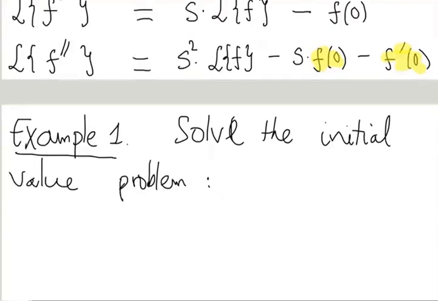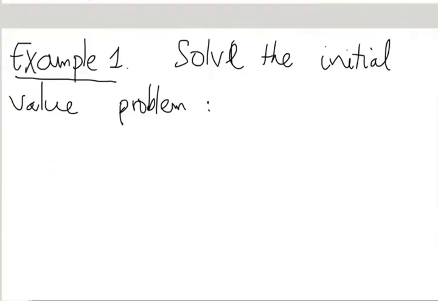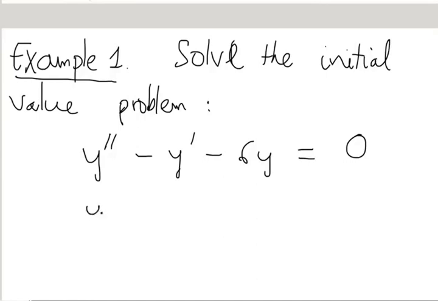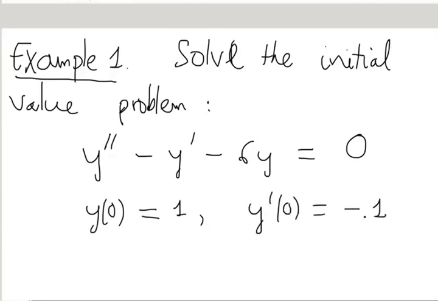When we use Laplace transform, we always have initial value problems. We have an ODE together with initial conditions at 0. y double prime minus y prime minus 6y equals 0, y(0) equal to 1, y prime(0) equals to -1.